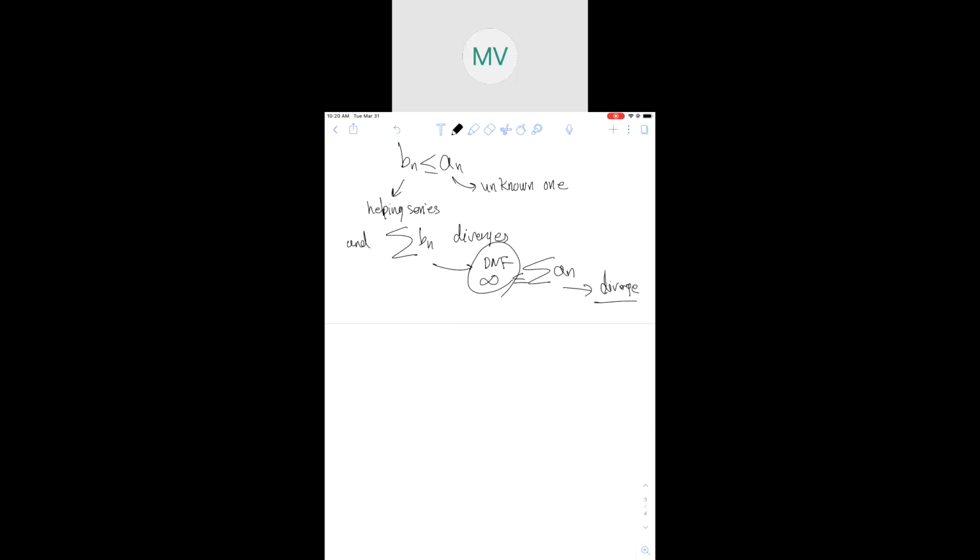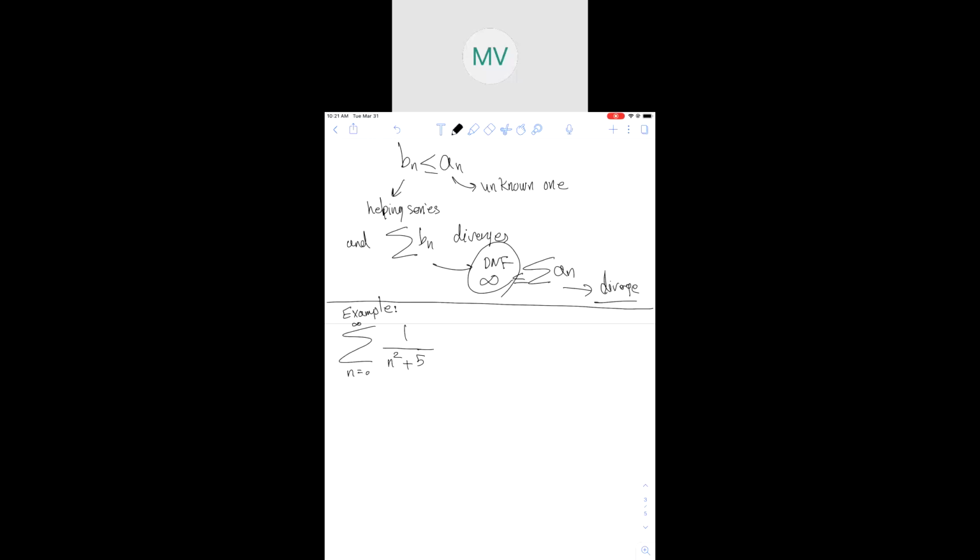Okay. Let's start with a few simple examples. Example. Let's do 1 over n squared plus 5, starting from 0 to infinity.